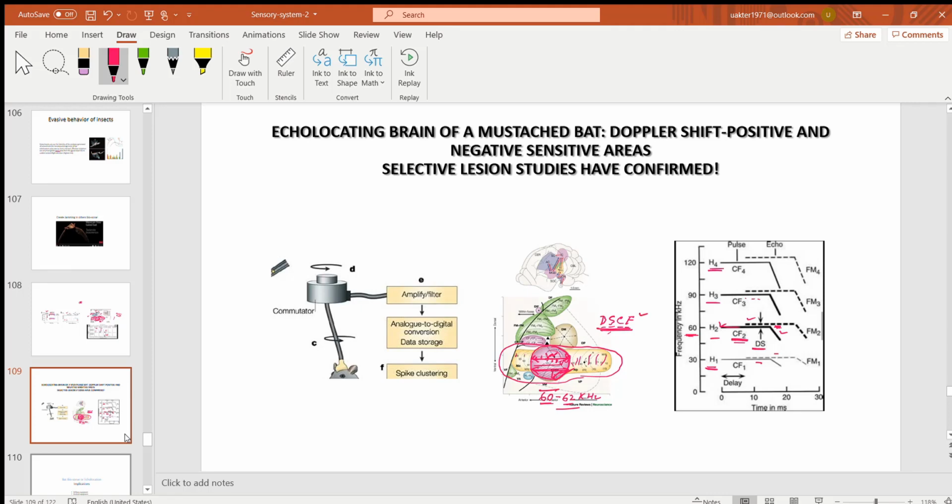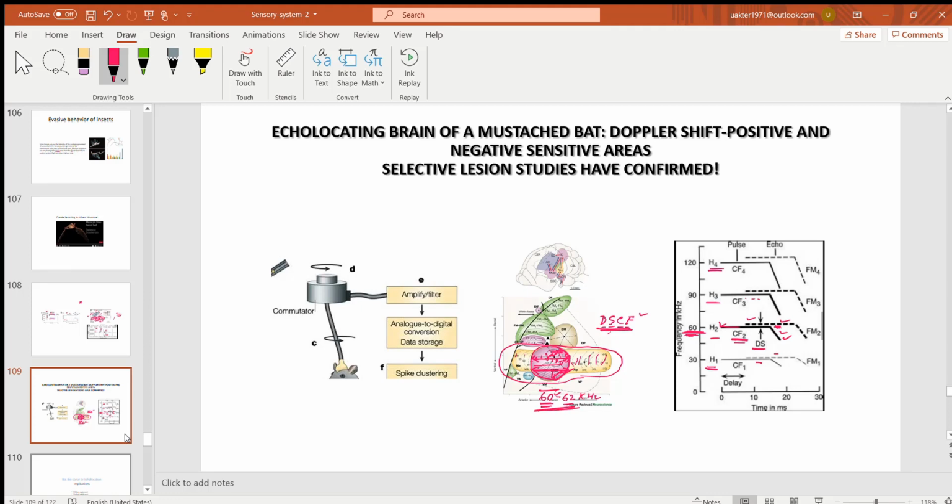If the bat is approaching the object, this is very important to understand. If the bat sends the pulse at 60 kilohertz, then the echo will be slightly higher, right, as I mentioned. So for example, this is a 60 kilohertz pulse, and this is the echo, which could be 61 or 62. So it will still be represented within this area. Make sense?